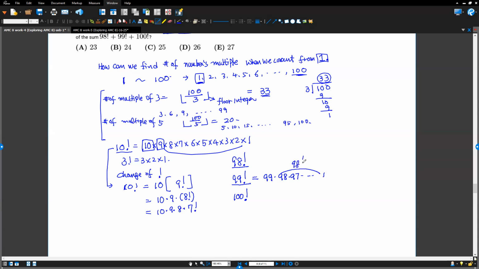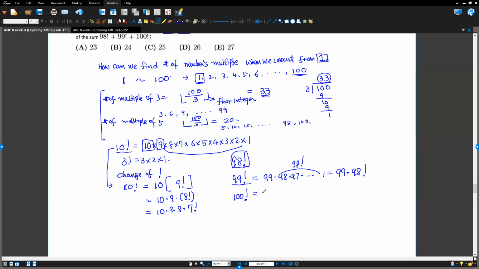So this equals 99 times 98 factorial. We express this one in terms of 98 factorial. Is it okay? Okay, that's one.